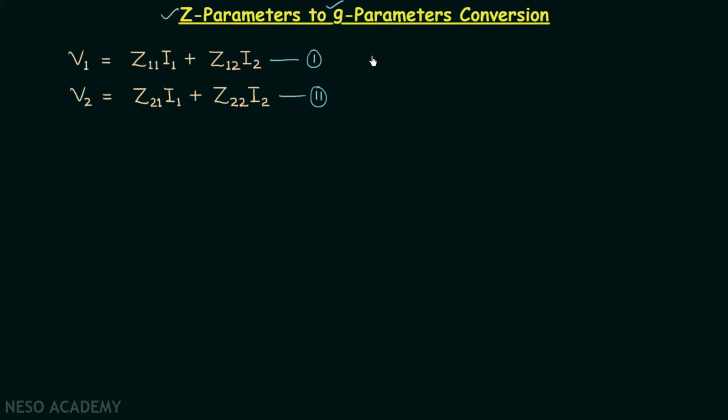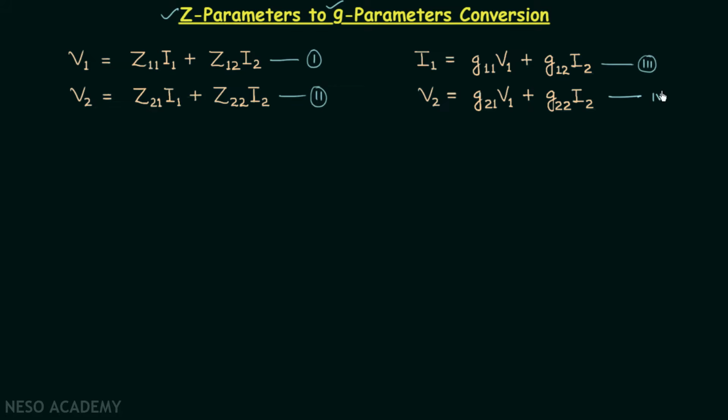And I have also taken the set of equations we have in case of G parameters. Let's say this equation here is our equation number 3, and this equation is the fourth equation. We are trying to have all the 4 G parameters in terms of Z parameters, and therefore we will try to have the forms of equations we are having in third and fourth equations using equation number 1 and equation number 2.